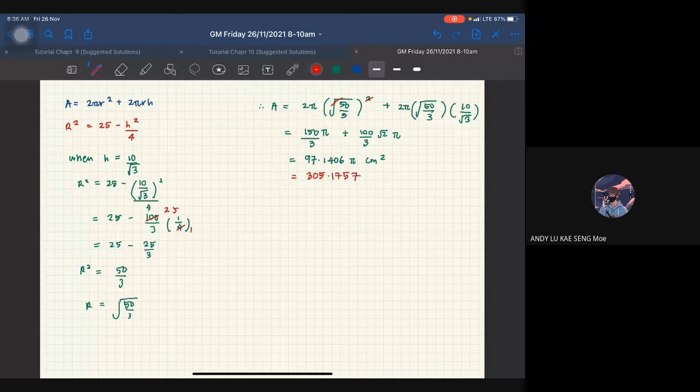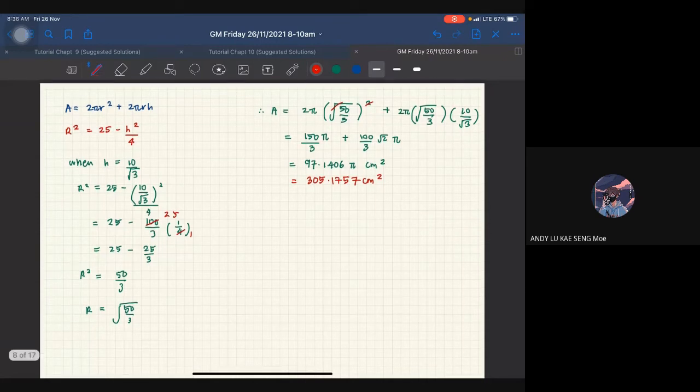Okay, got so 252. Saya salah kira ke? 7.1406 times with pi. Miss, daripada 2 times sini 50, saya salah kat mana? 2 times 50, 100 kan Miss? Okay, so salah kat sini. Saya betulkan balik.